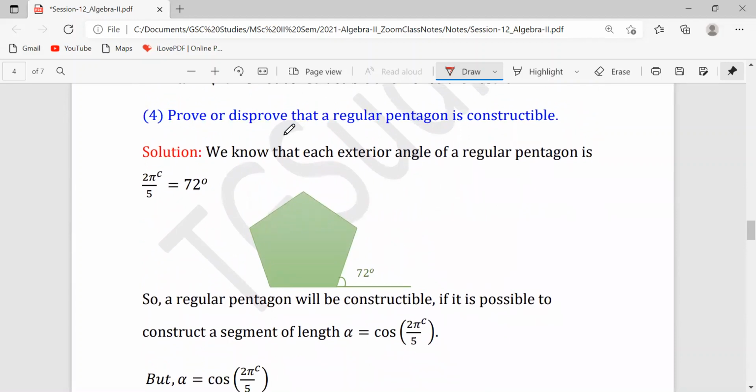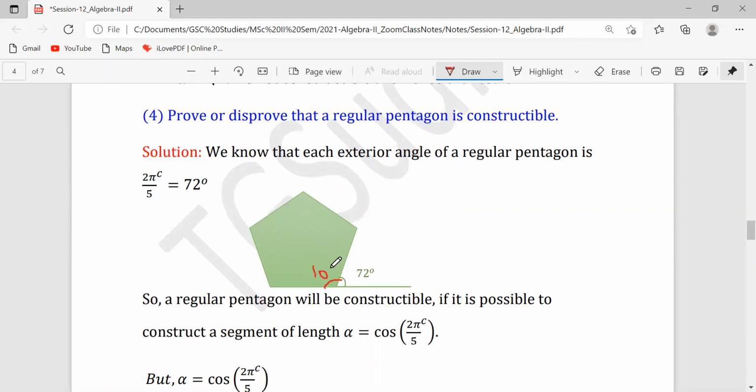Prove or disprove that a regular pentagon is constructible. Either we need to prove that it is constructible or we need to disprove that it is not constructible. We know that the exterior angle of a regular pentagon is 2 pi by 5, that is 72 degrees, because the interior angle is 108 degrees.